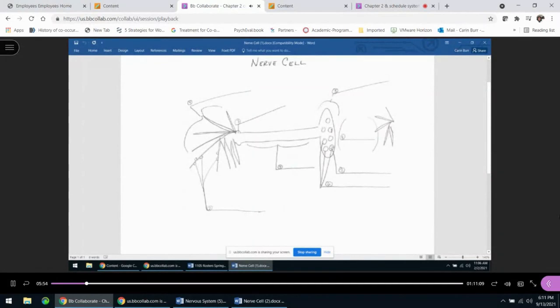And the vesicles are then able to release the neurotransmitters through those channels into the synaptic cleft. Okay, that's what happens when a nerve cell fires. The chemical reaction is created, the action potential is sent, it hits the terminal foot, and the neurotransmitters from the vesicles are then released into the synaptic cleft.